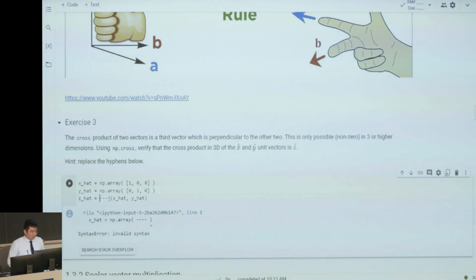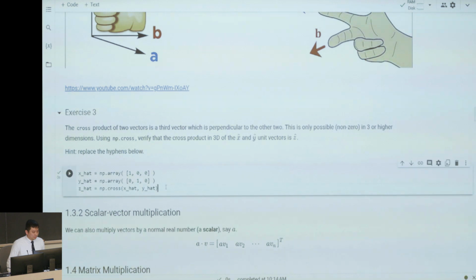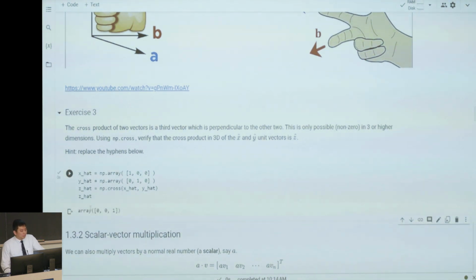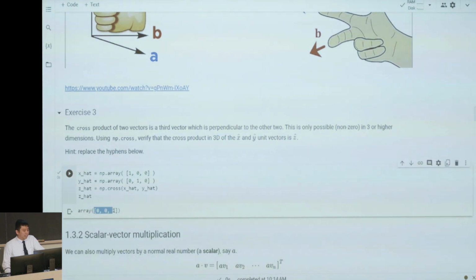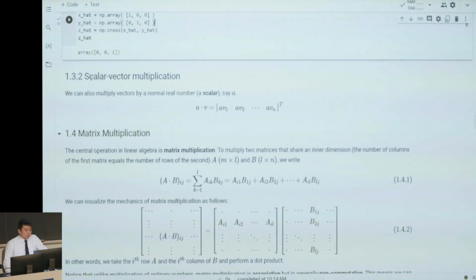And if we compute the cross product, indeed you get the z hat unit vector, 0, 0, 1.